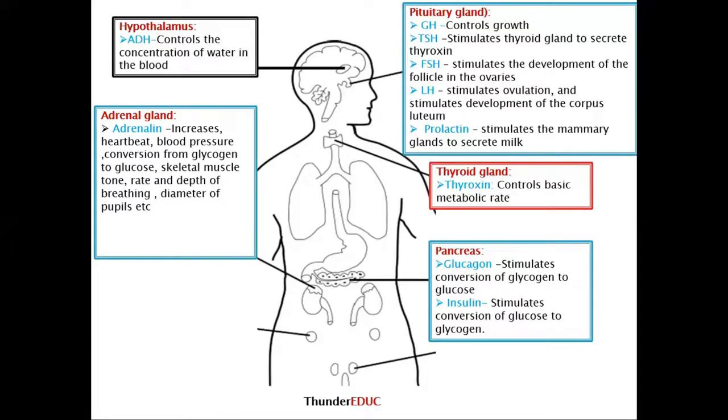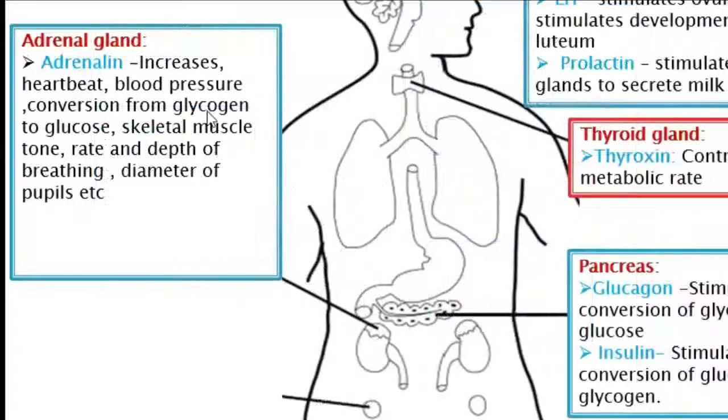You either take off or you stay and fight. So this one is very important in increasing the heartbeat, the blood pressure, and the conversion from glycogen to glucose because you need more energy. So glycogen is supposed to be converted back to glucose so that now glucose is being used in respiration.